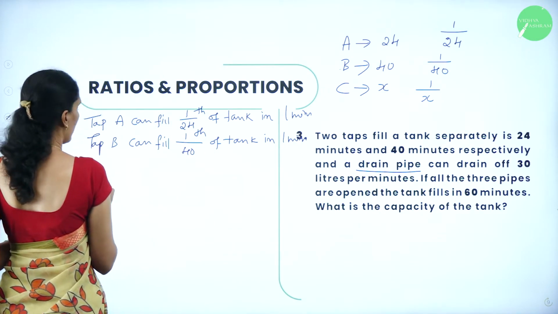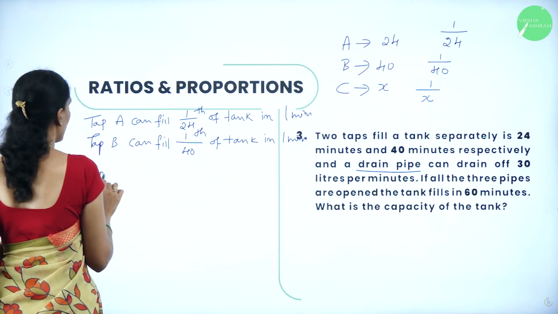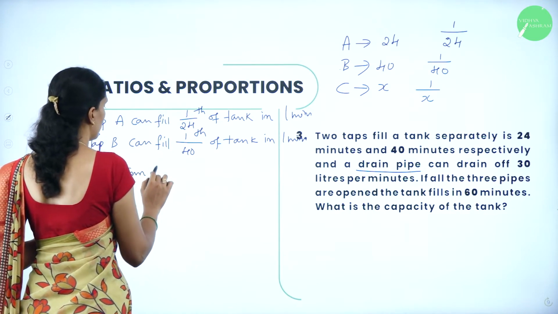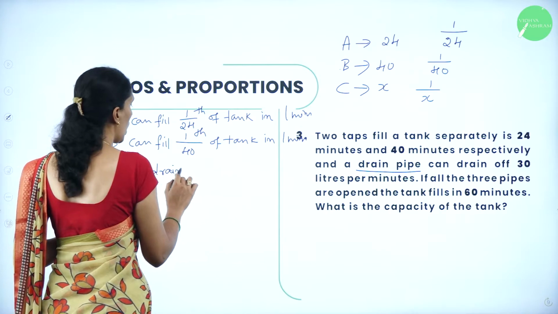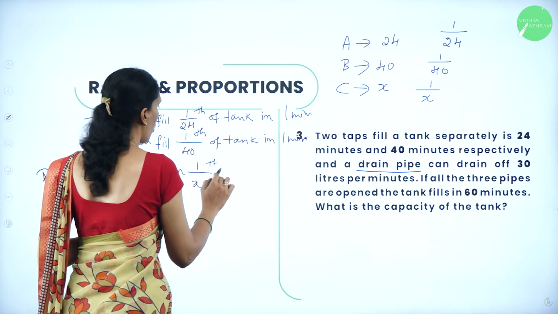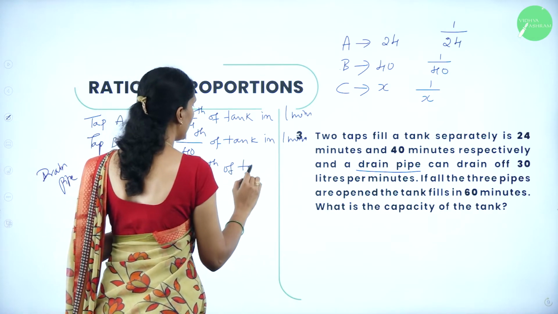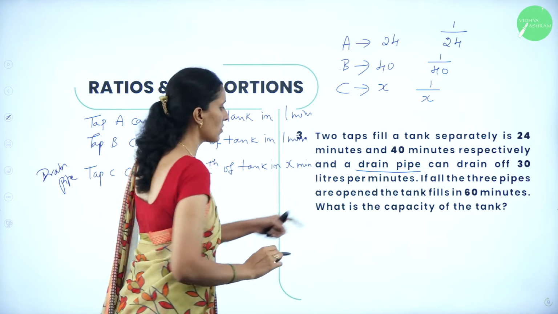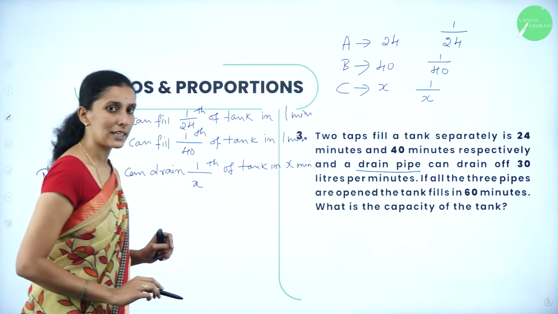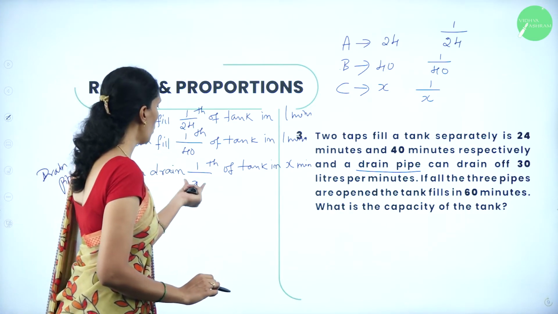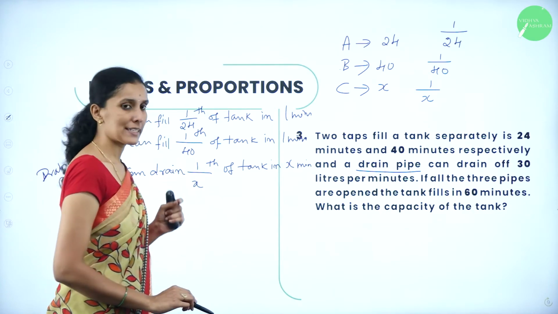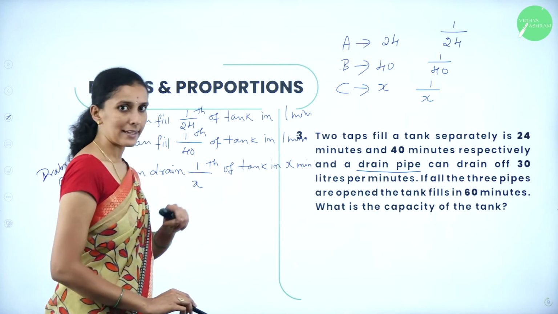Similarly, tap C, that is the drain pipe, can drain 1 by X of the tank in 1 minute. Because for 1 minute it can drain 30 liters, but I don't know the capacity of the tank, so I have taken it as X.